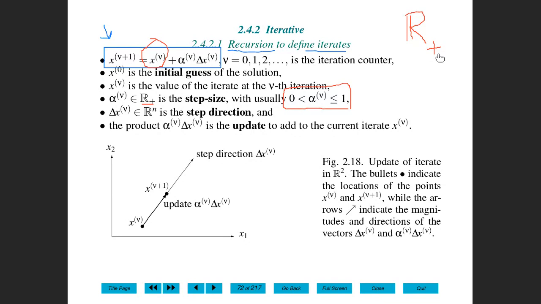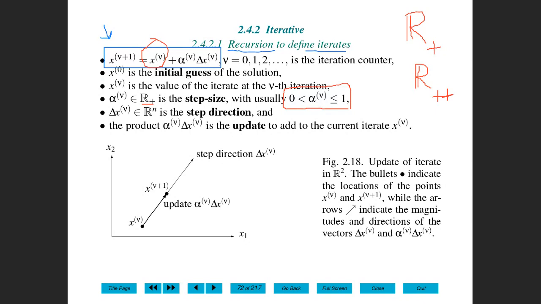Now there is a slight change in the notation later on. I think there's a mistake here, because we'll see in the next slides that there is R plus and R plus plus. But maybe at this point, since it is the introduction of the notation, it's not very specific.